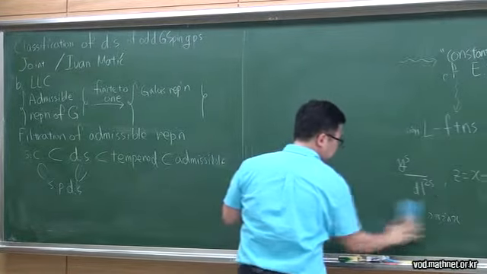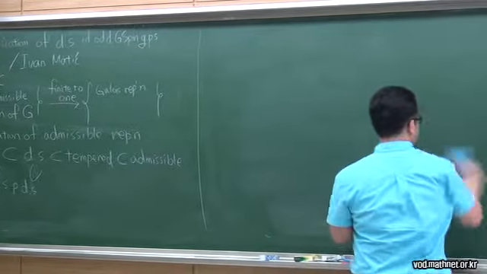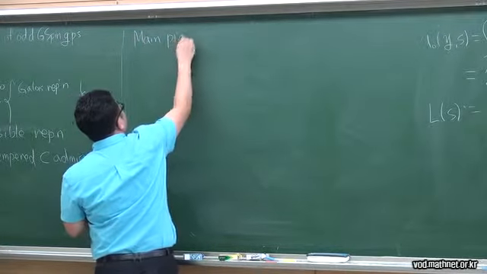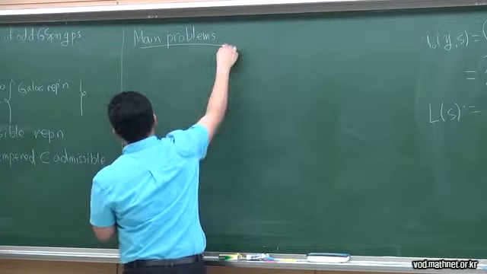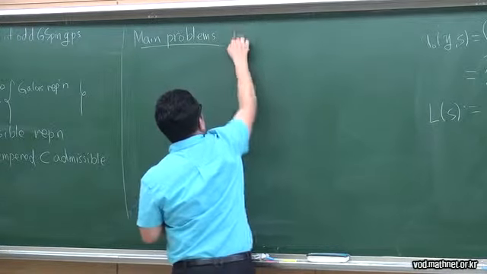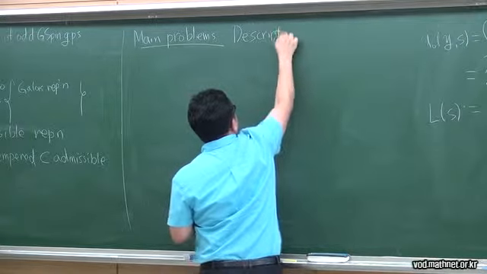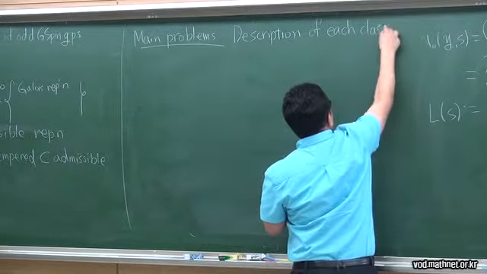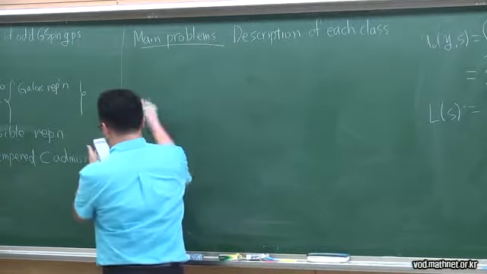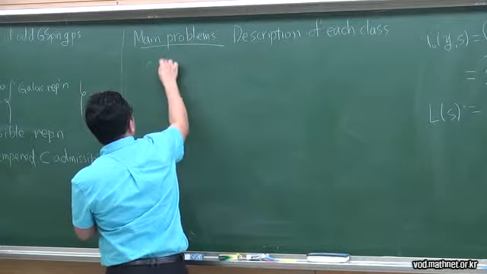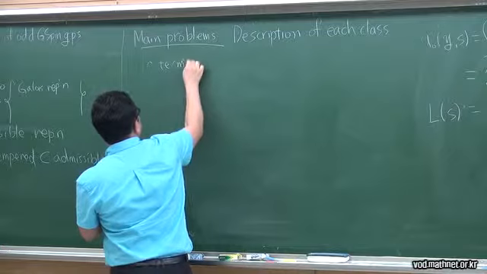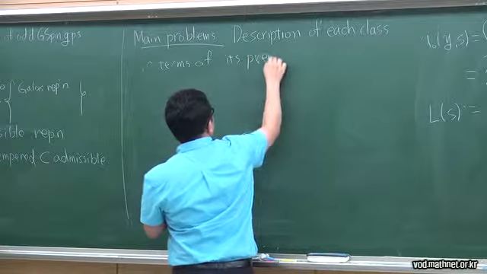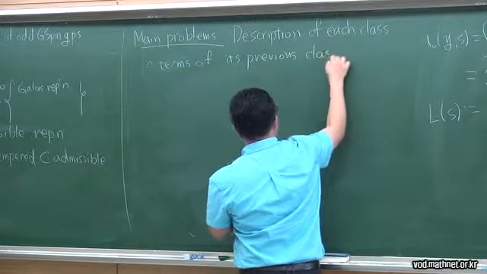In this filtration, the problem is the description of each class, like discrete series or tempered, in terms of the previous class.